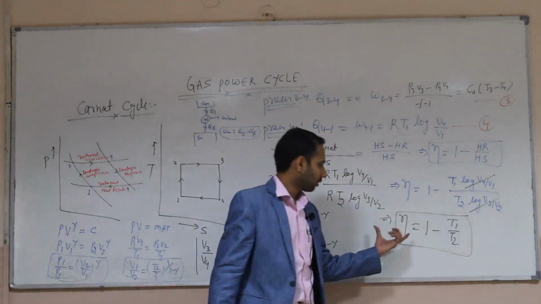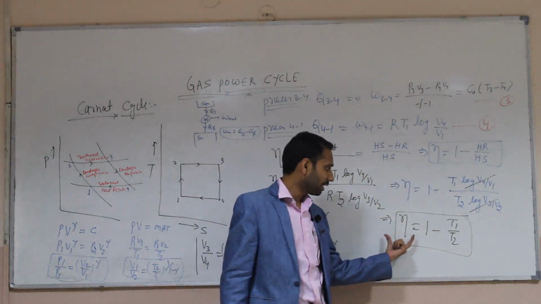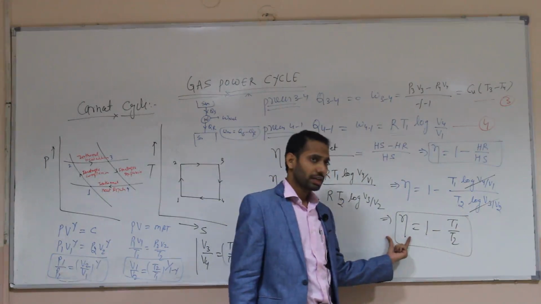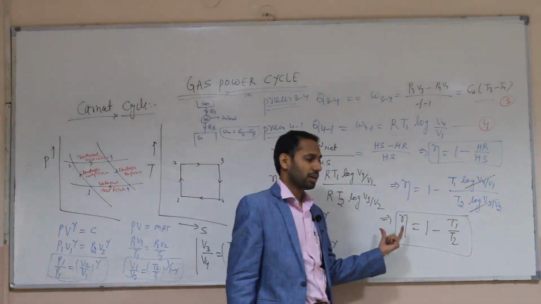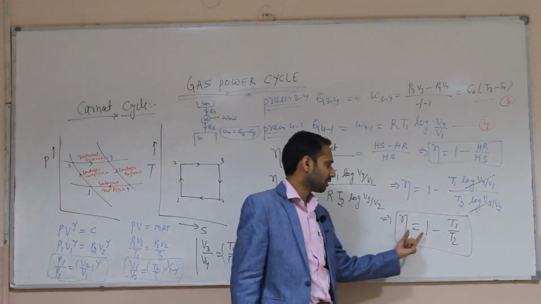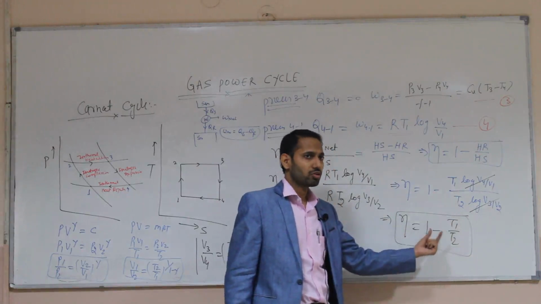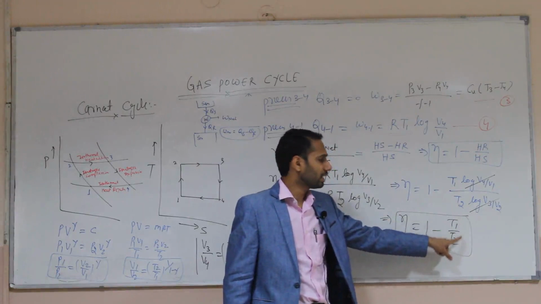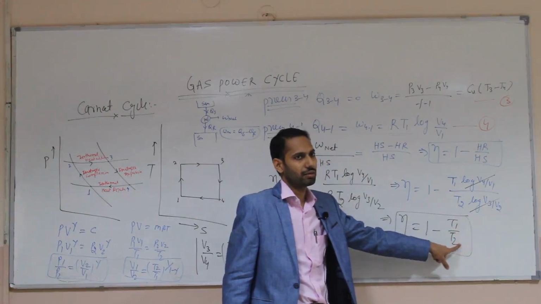of the Carnot cycle. My dear friends, do not be confused that in most books we study the efficiency as 1 minus T2 by T1. So never get confused with T1 or T2. It is the lower temperature divided by the higher temperature.